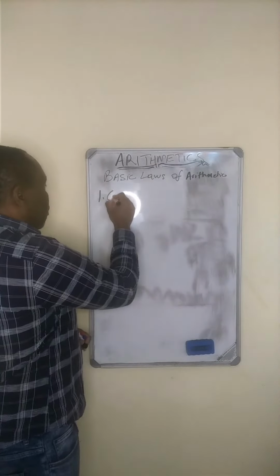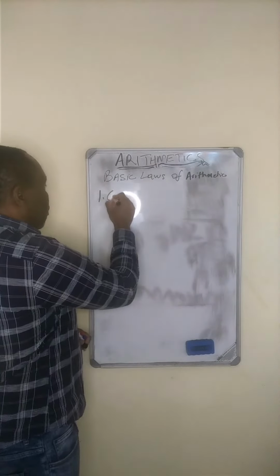Now we want to see if we multiply from the left, as you can see, this is the left of the equation, 3 is on the left. We want to see if we multiply this from the left, and when we multiply this from the right, so we will have 3 plus 4 in brackets plus 5. We've taken 5 outside and we've put 3 and 4 into brackets, as you can see.